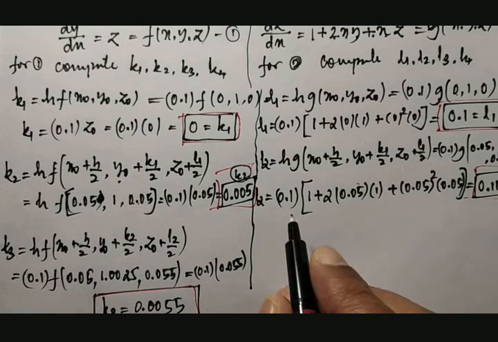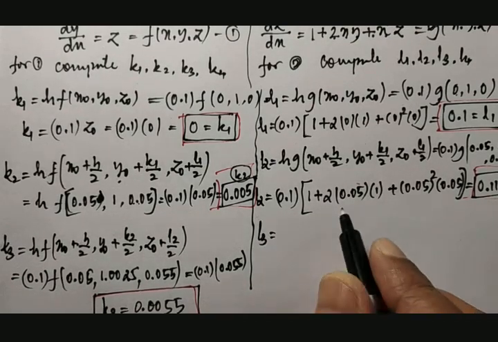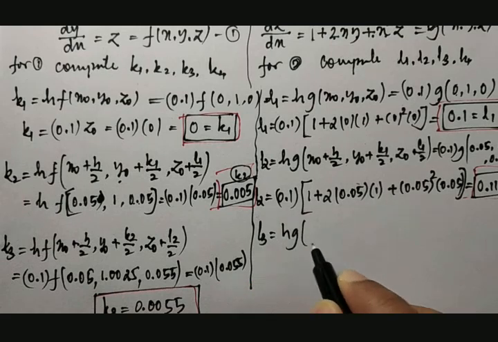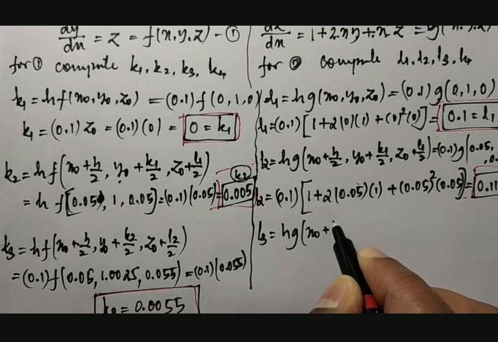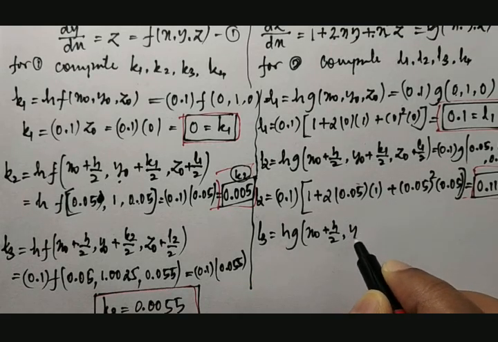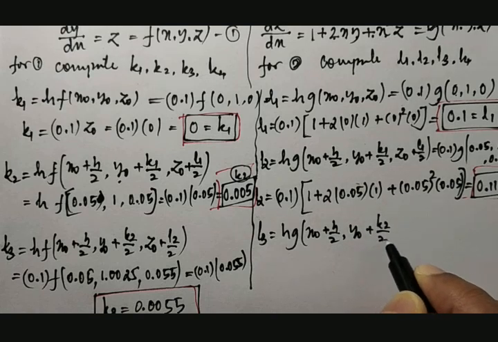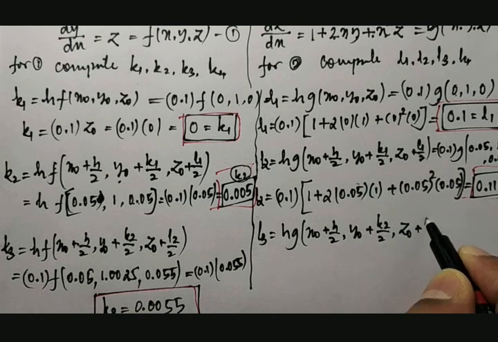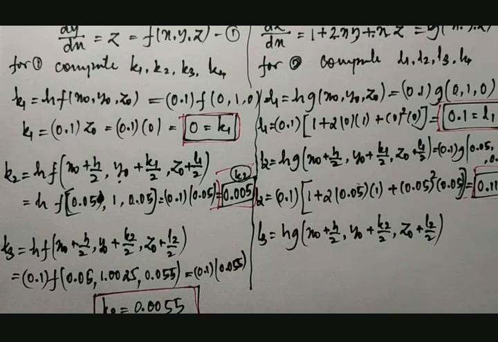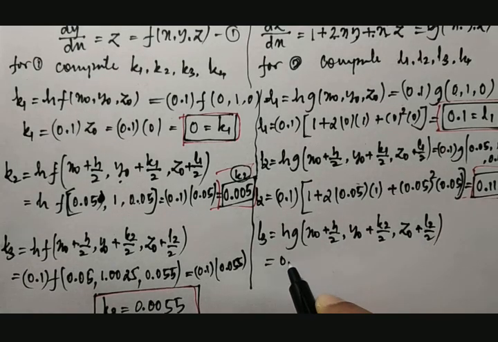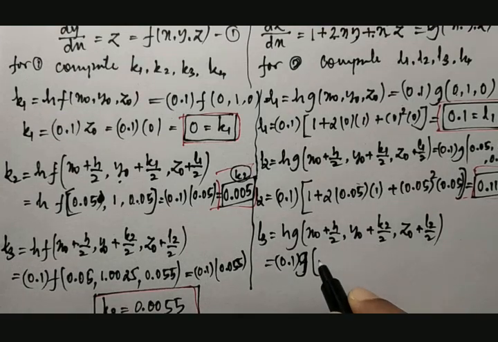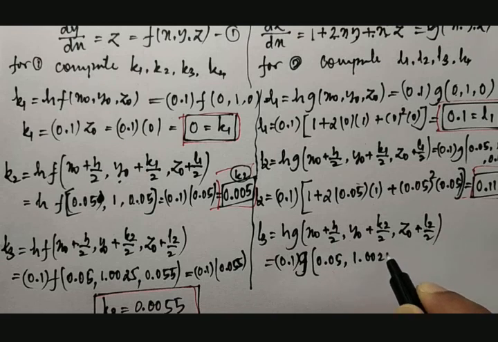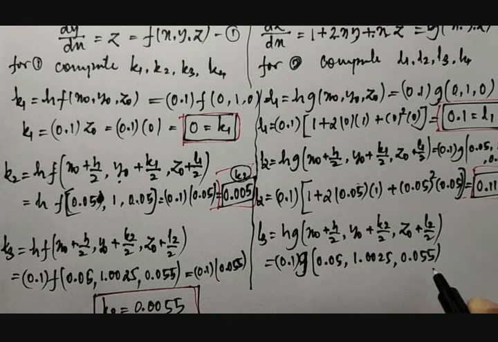What is L3 now? L3 is equal to h into g of x0 plus h by 2, comma y0 plus k2 by 2, comma z0 plus L2 by 2. That is equal to 0.1 into g of 0.05, comma 1.0025, comma 0.055.